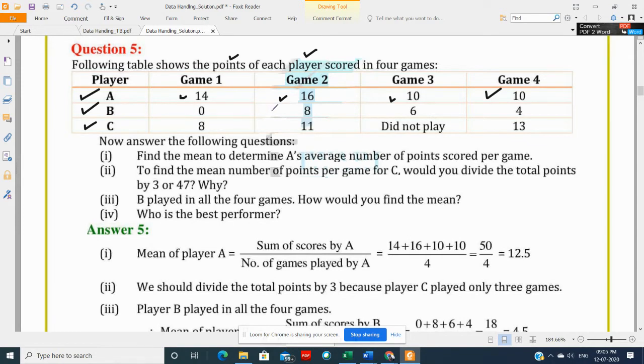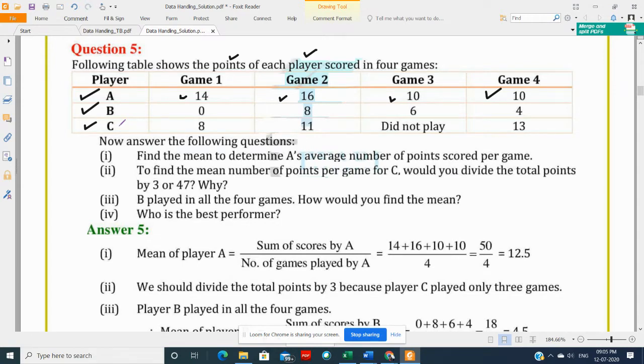Then these are the player B points, that is 0, 8, 6 and 4, and these are the player C points, that is 8, 11, did not play, मतलब C ने game 3 नहीं खेला है, and 4th में 13 points है उसके. ठीक है. Now see, in this case we are given 3 players, so we have to find out each of them.